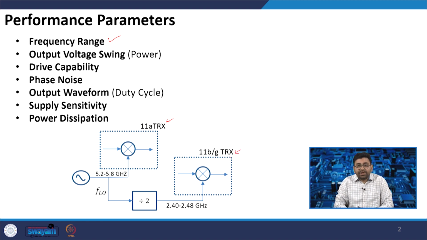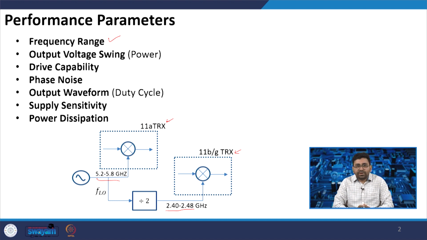For standard 11BG the frequency is around 2.4 to 2.48 gigahertz, and for 11A it is 5.8 gigahertz. So, your oscillator should have a range which should include all the requirements of the receiver. That is one of the performance parameters for the oscillator.